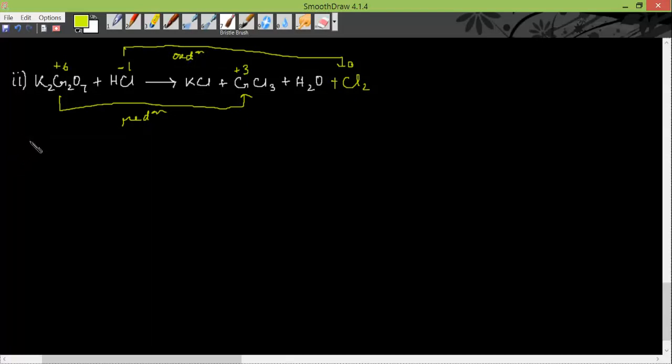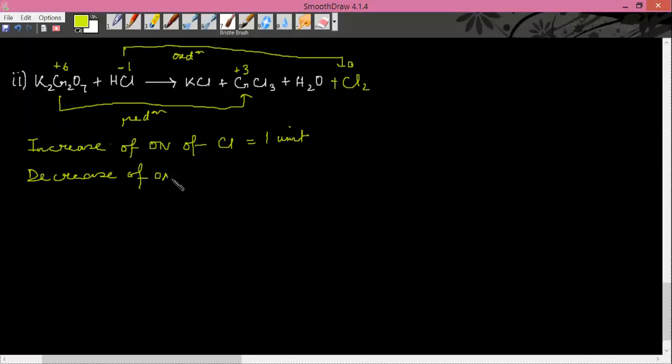Now we have to find the increase in oxidation number of chlorine, which is equal to 1 unit, and the decrease in the oxidation number of chromium, this is 3 units.